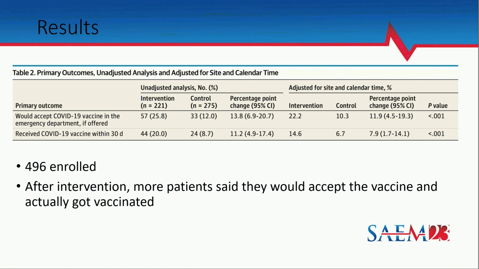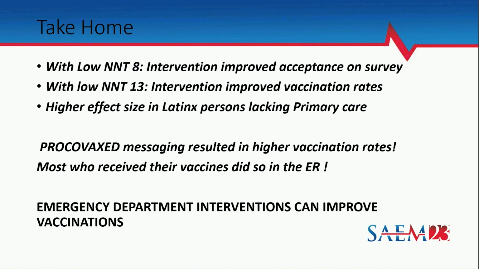In brief, what they found is that after the intervention, more patients said they would accept the vaccine and actually did get the vaccine. With a very low number needed to treat, the intervention improved acceptance on a survey and uptake. This effect size was higher in patients without a primary care doctor and in Latinx patients. So, in the interest of time, I'm going to stop there and turn it back over.